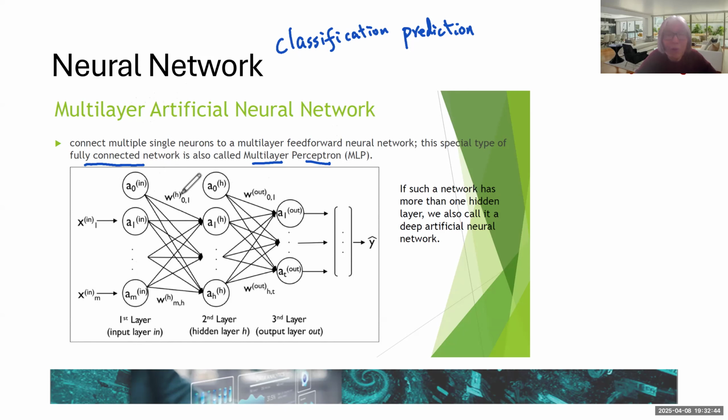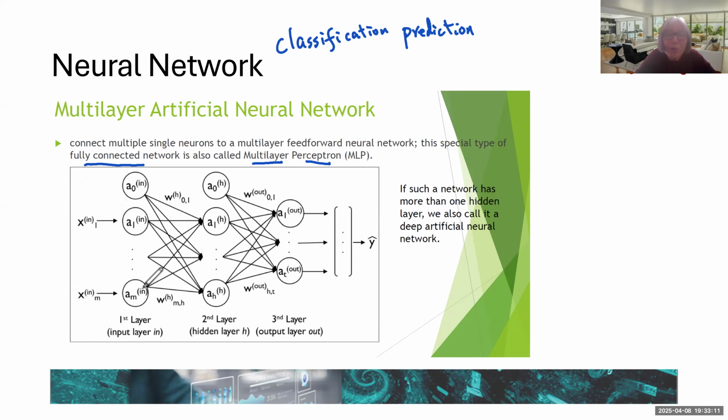So what is a fully connected neural network? In this case, we have this input, the X. That's the independent variables in statistics. In machine learning, we call them input. Each one of those is a feature.